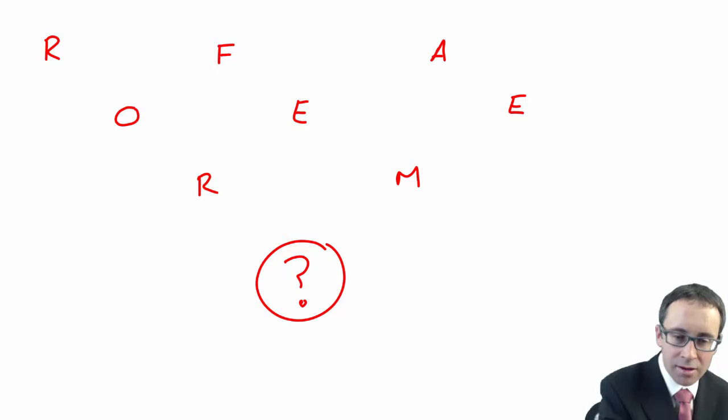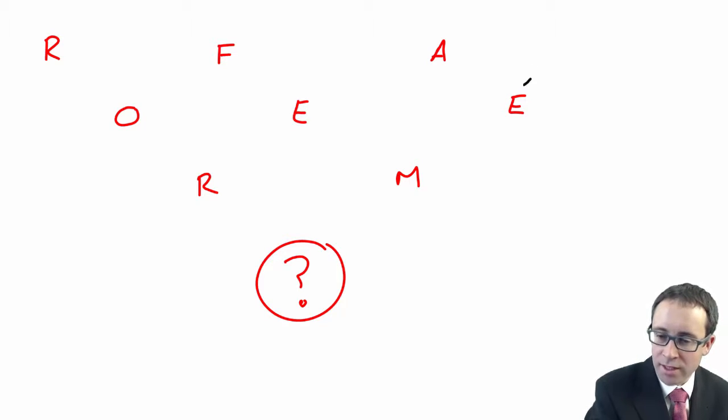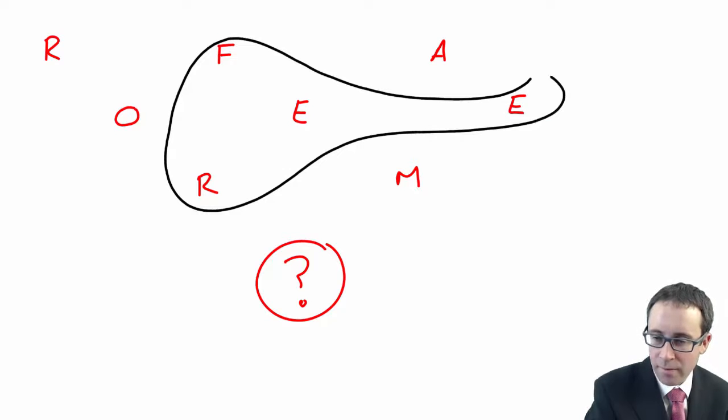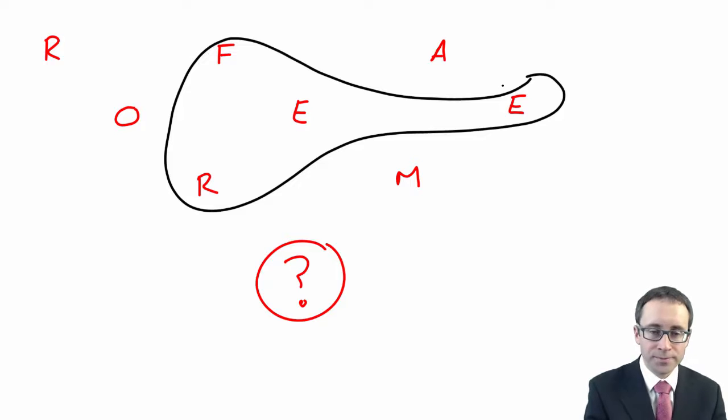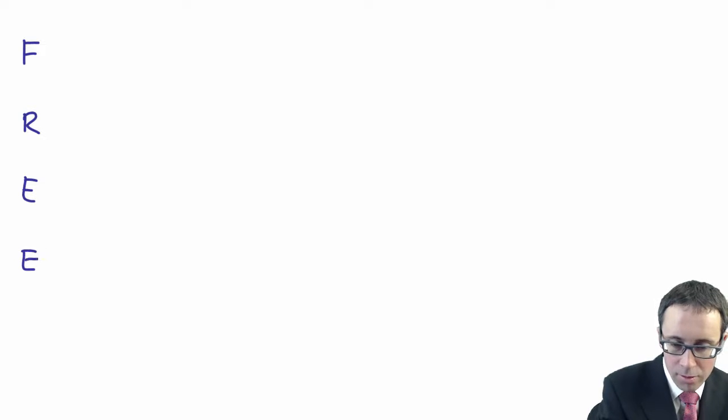I think you've got the word free. And Rome. So what you've got there is a way to remember what is contained within the framework. Free Rome.